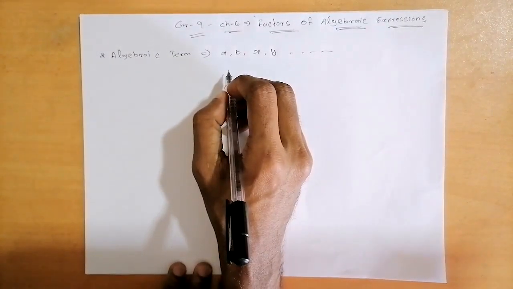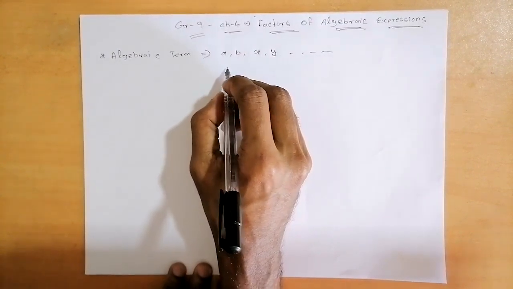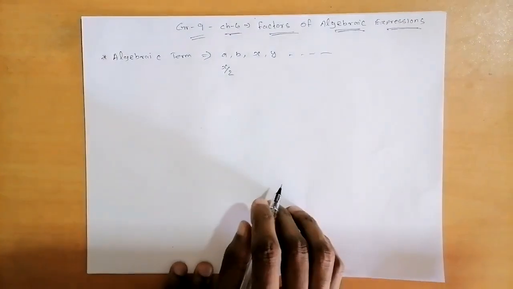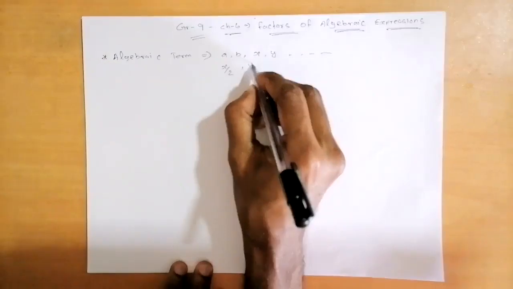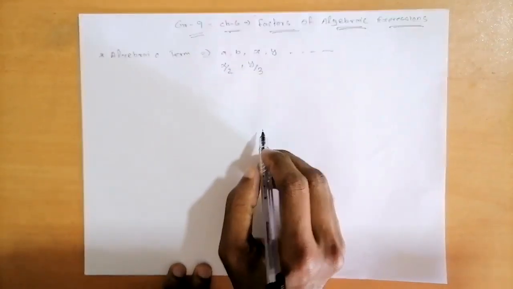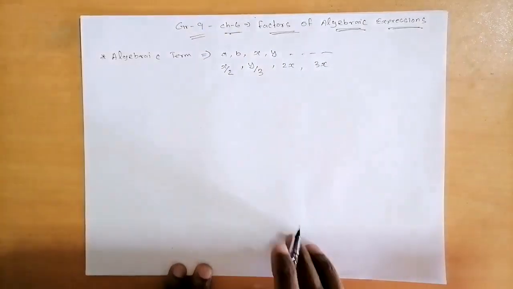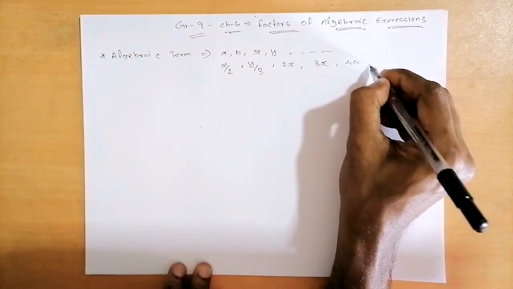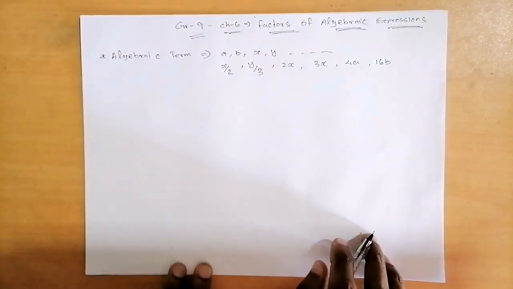Algebraic terms can also be small fractions like x over 2, and y over 3. Similarly 2x, 3x, 4a, 16b, all are called algebraic terms, you all know.